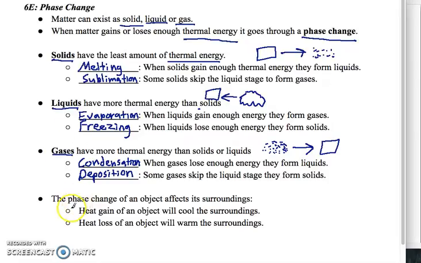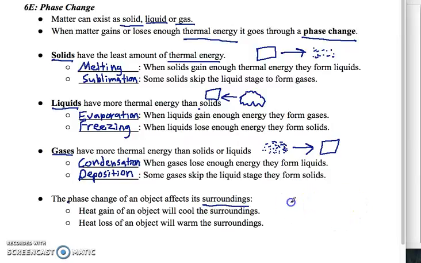The last thing to remember about phase change is the phase change of an object affects its surroundings. Basically, to have a phase change, you need to either gain or lose heat, and that's going to affect the substance's surroundings.